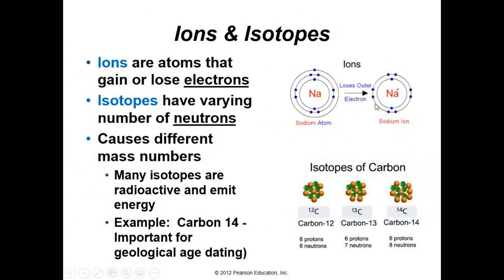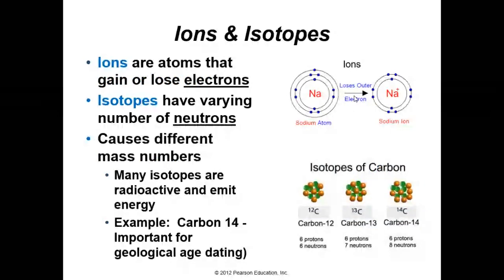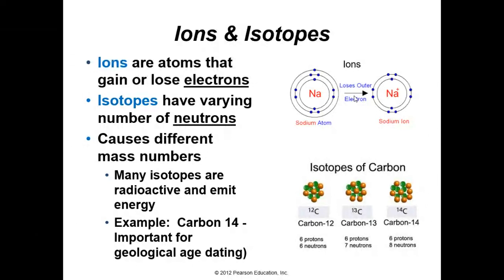They're going to join together. In that process, they may lose or gain an electron, depending on what kind of chemical reaction is occurring. So that's called ionic. I'll give examples while we're going through class of ions and isotopes.